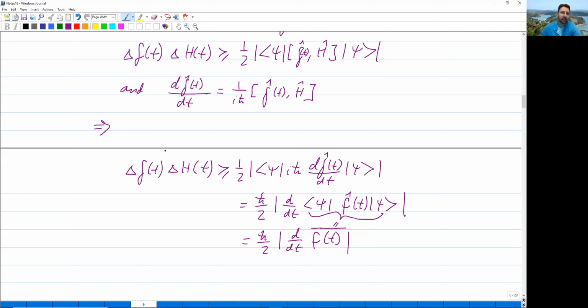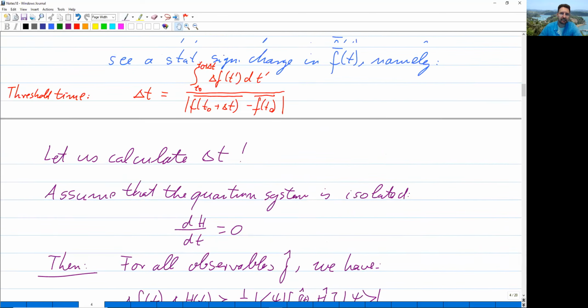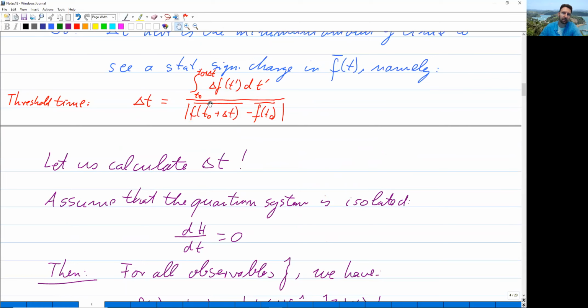Well, we want to calculate what is the critical time from which onwards the system has evolved so much that its observable f hat has changed its mean value by at least a standard deviation. What is that time? How long do we have to wait until an observable f hat has changed its mean value by at least a standard deviation?